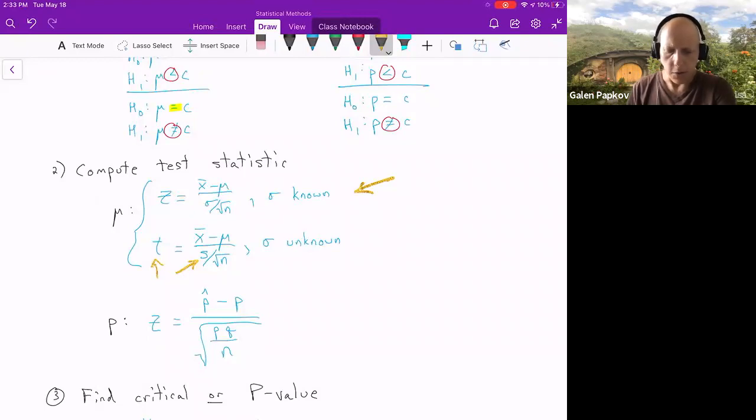And then finally, one formula that you haven't seen is when you are drawing an inference about P, your hypothesis test statistic is going to be given by this third formula here. Notice that the square root has P and Q, not P hat and Q hat. So the square root term in a confidence interval did use P hat and Q hat, but for a hypothesis test, there's no hats. Those are your population parameter values.